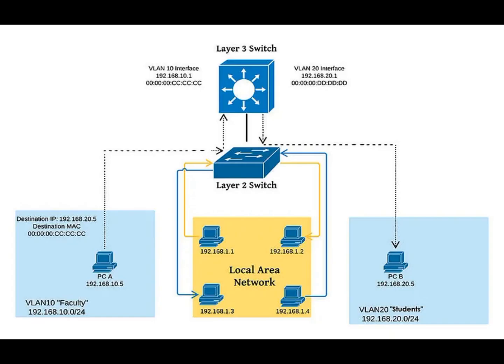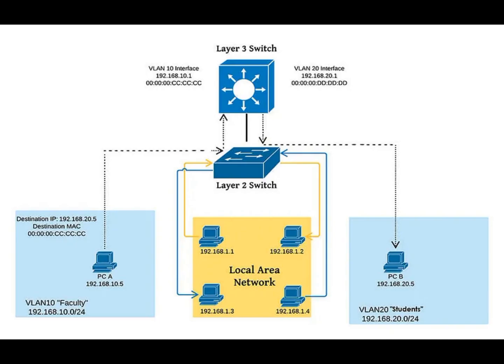Based on the routing table lookup, the layer 3 switch forwards the packet to the appropriate interface or next hop router. If the destination subnet is directly connected to one of the switch's interfaces, it forwards the packet directly to the interface. If not, it forwards the packet to the next hop router specified in the routing table entry.